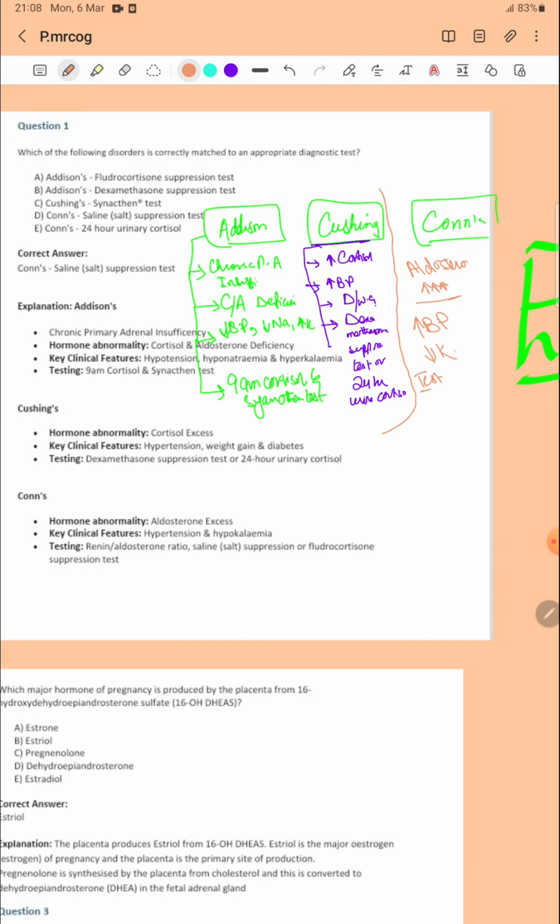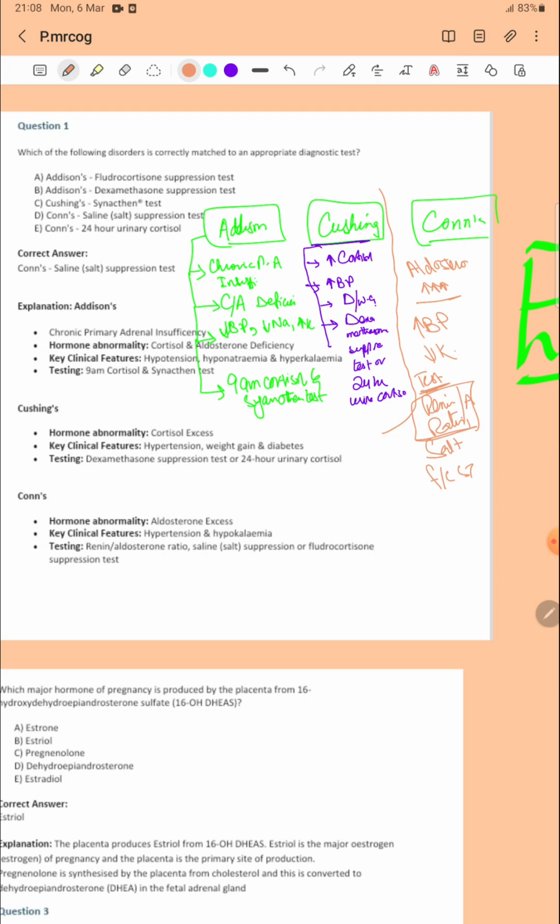The test we use is the renin aldosterone ratio. We can also use the saline suppression or the fludrocortisone suppression test, but the most important is again the renin and aldosterone ratio.